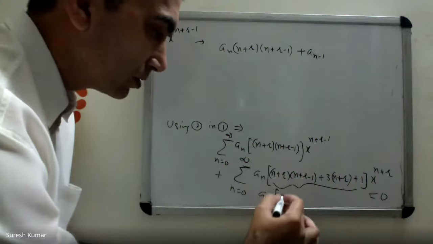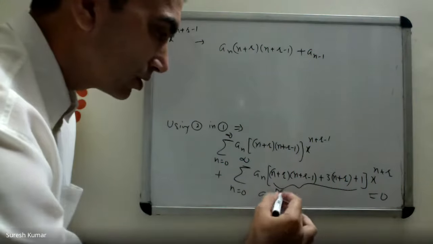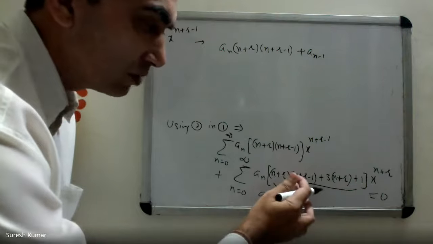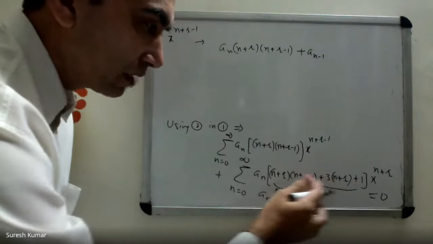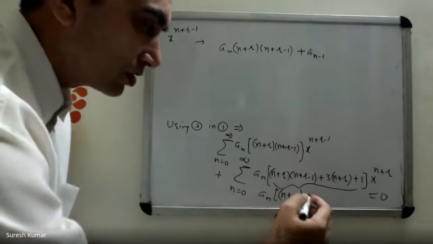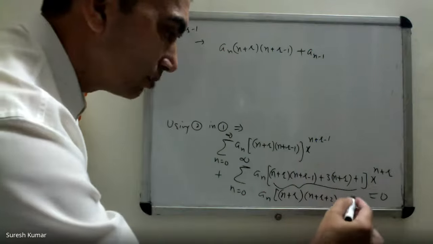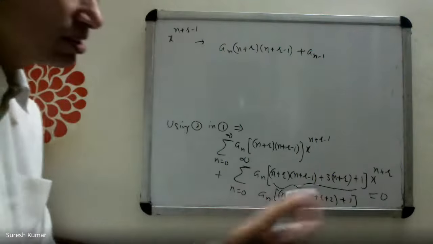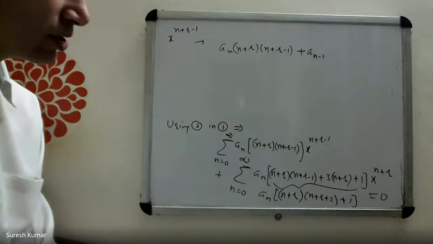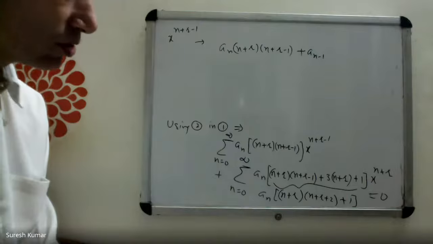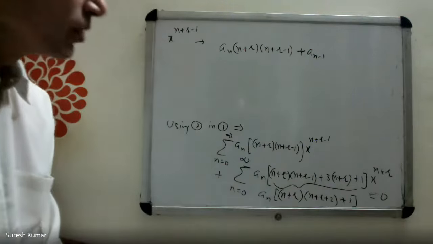N times n plus r, what is within brackets? If I take n plus r out, n plus r plus 2 plus 1 is separate. Okay, just a simplifying step. If you want to write it, okay, otherwise also you can use it.